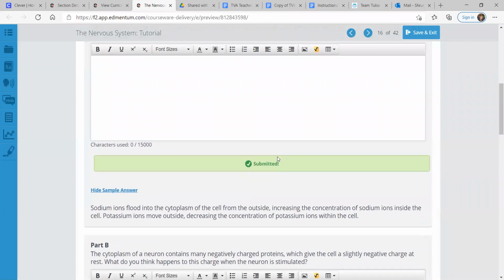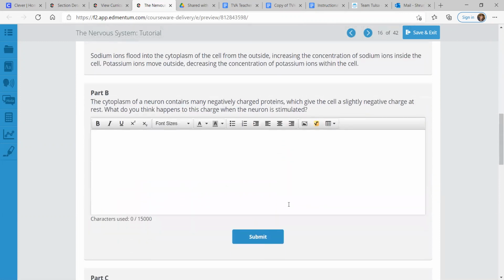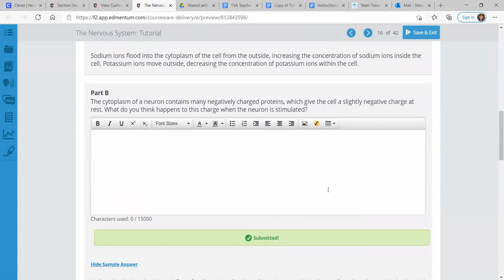Sodium ions flood into the cytoplasm of the cell from the outside, and that increases the concentration of sodium ions inside the cell. So there's more sodium inside, and then potassium ions are moving outside, so there's less concentration of potassium ions in the cell. The cytoplasm of a neuron contains many negatively charged proteins, and that gives the cell a slightly negative charge at rest.